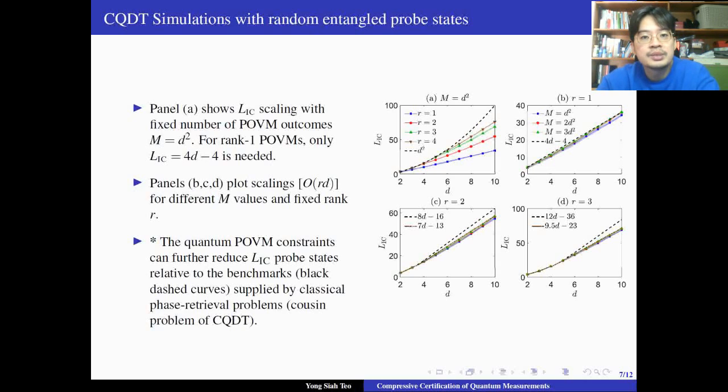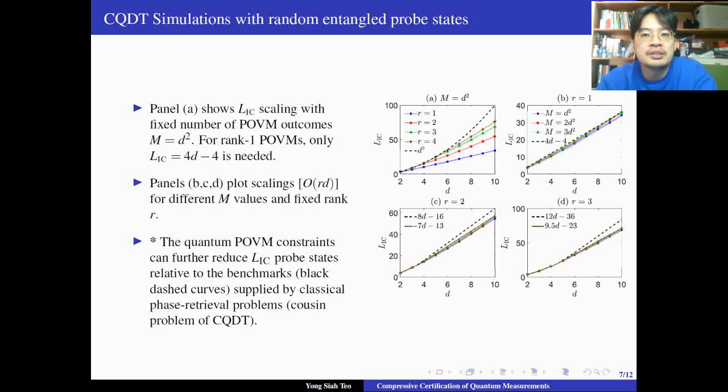So panels B, C, D show the scaling for different number of outcomes and given POVM rank R. So the dashed curves in this figure are just benchmarks predicted from classical phase-retrieval problems. So these are problems related to the reconstruction of emission observables with intensity measurements. These are basically cousin problems to CQDT.